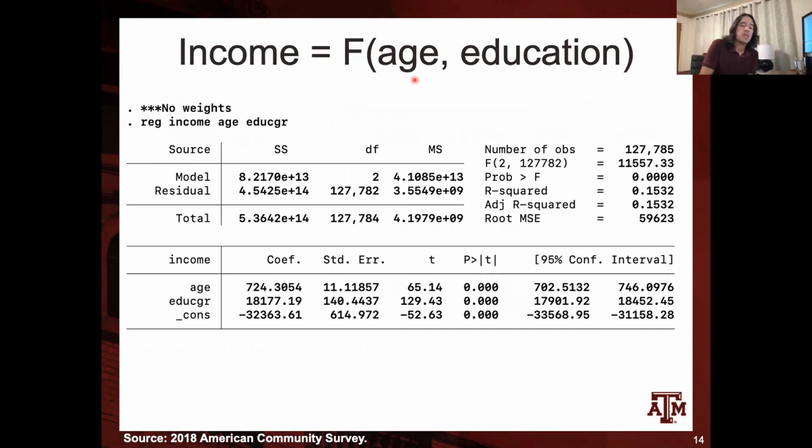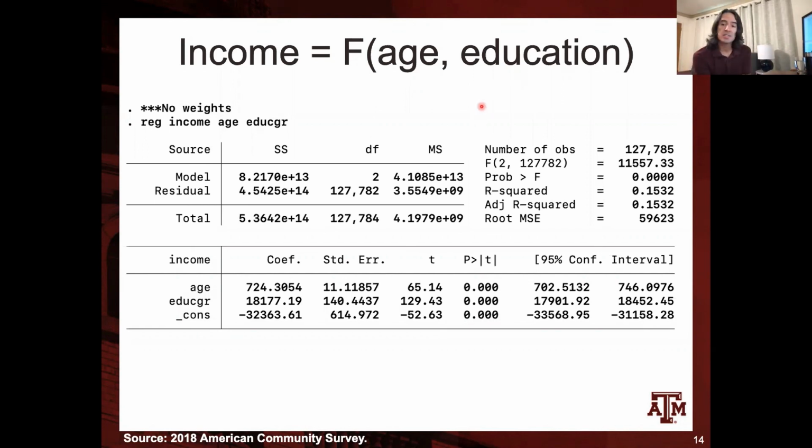I use age as a continuous variable, so it goes from 18 and up, people with at least 18 years of age. And for education groups, I have 5 groups: less than high school, high school, some college, associate degree or junior college, and graduate school.